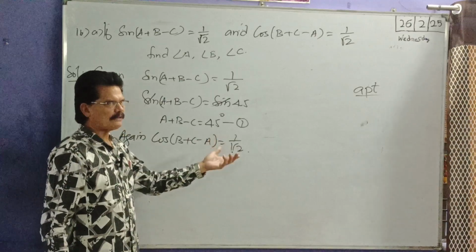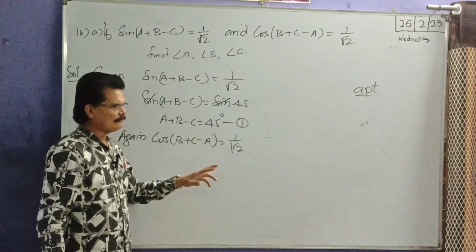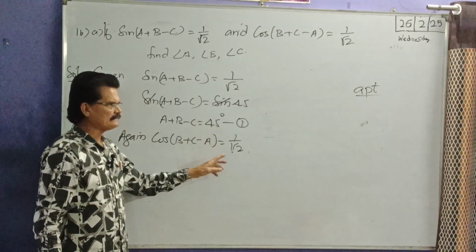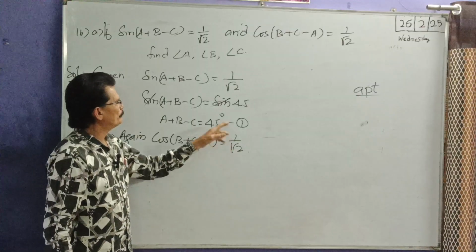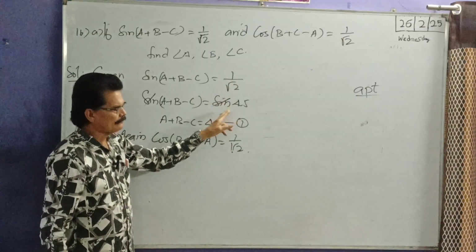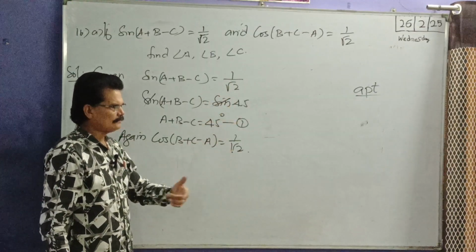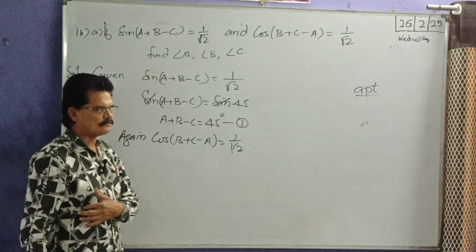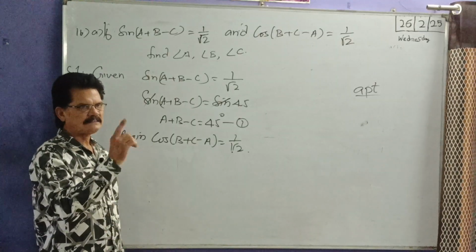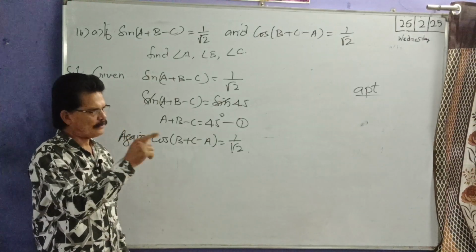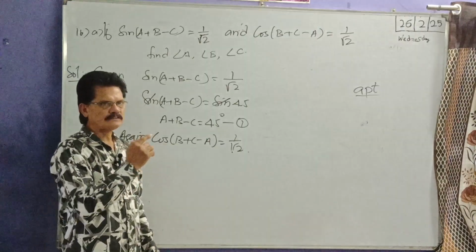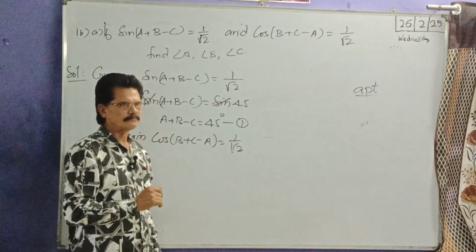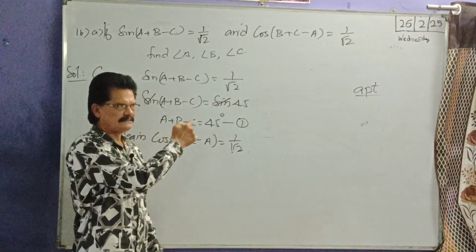Because cos 45 is equal to sine 45. So we are having relations, no? 30, 60, 0, 90, 45, 45. Cos 0 is sine 90. Cos 90 is sine 0.